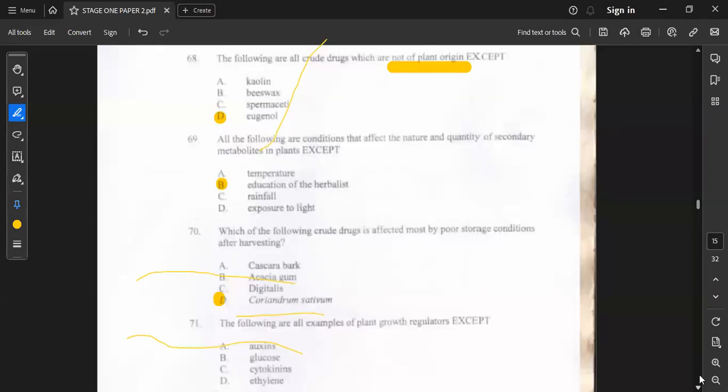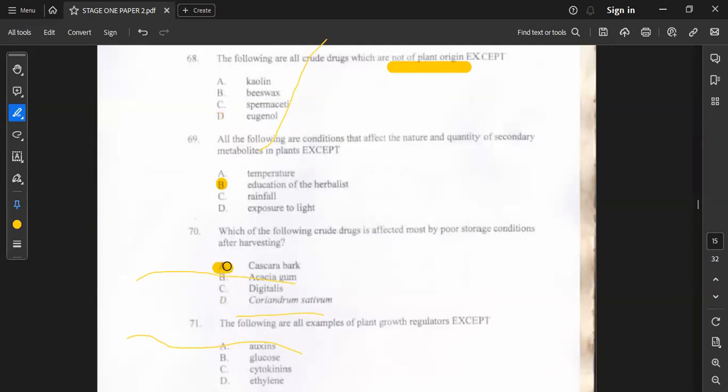Poor storage conditions, such as high temperatures and moisture, can lead to the breakdown of these active constituents and a loss of efficacy in the drug. On the other hand, acacia gum, which is gum arabic, digitalis, derived from the foxglove plant, and Coriandrum sativum, which gives coriander, may also deteriorate under unfavorable conditions, but their stability is generally less sensitive to environmental factors compared to the active compounds in the cascara bark. Okay.